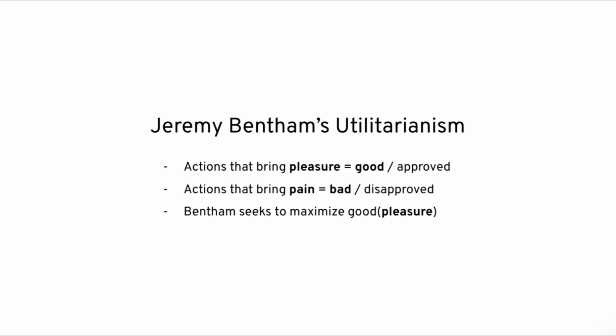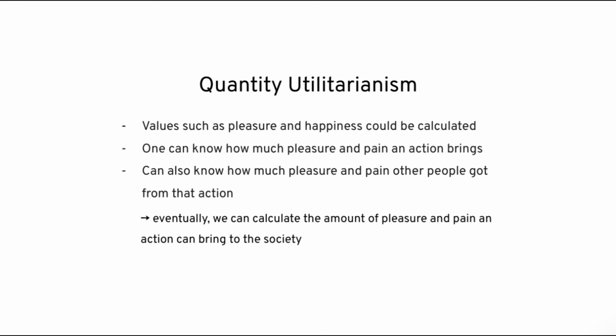But how? What distinguishes Bentham's utilitarianism from others is that he proposed what is called quantity utilitarianism. Bentham argued that values such as pleasure and happiness could be calculated and that an individual would be able to know how much pleasure and pain an action brings to oneself. He also added that that same individual would also be able to calculate how much pleasure and pain that same action gives to different individuals.